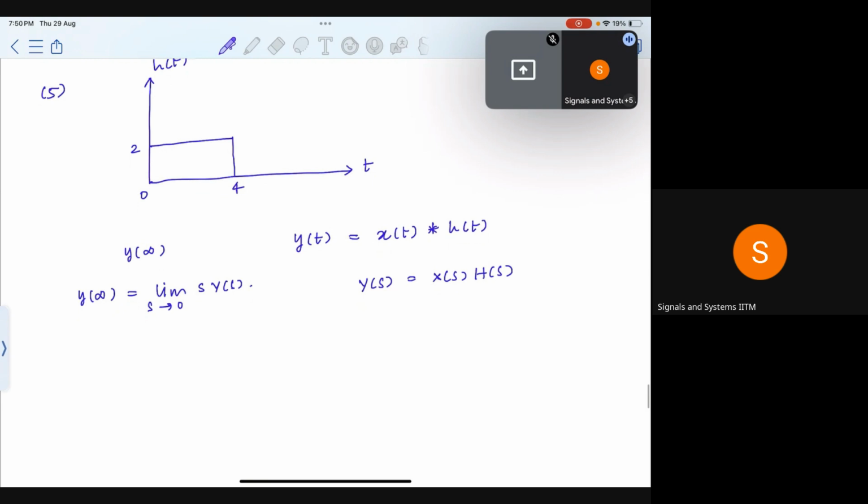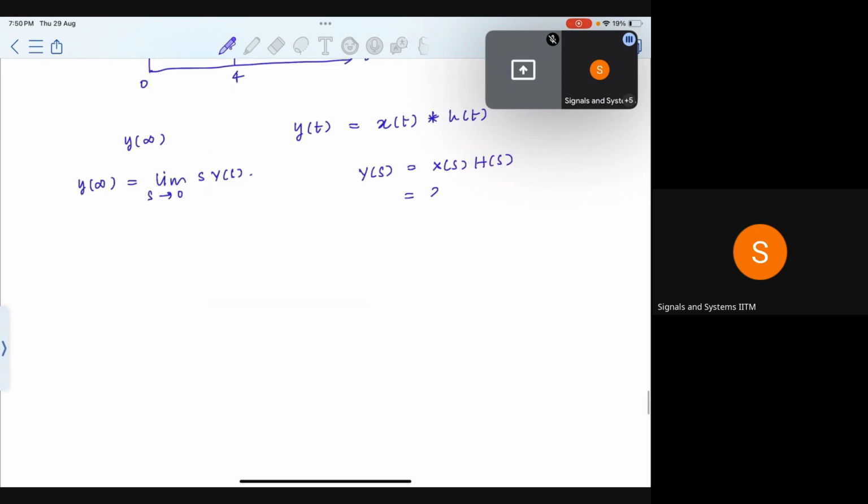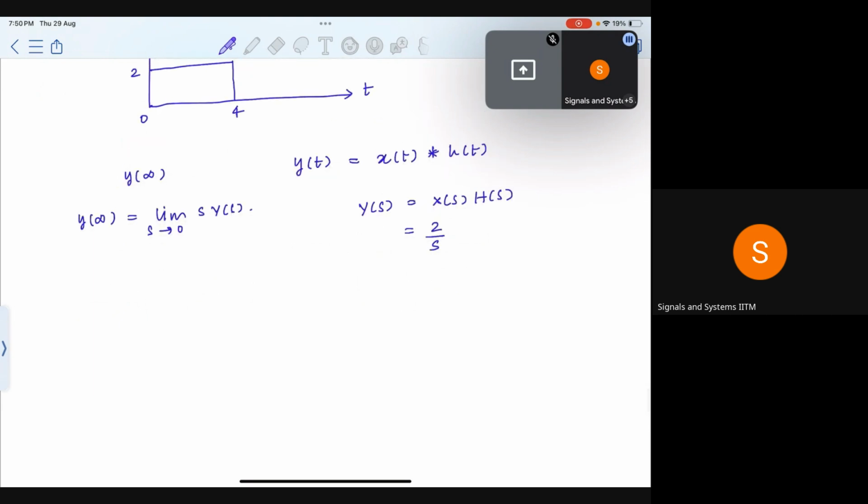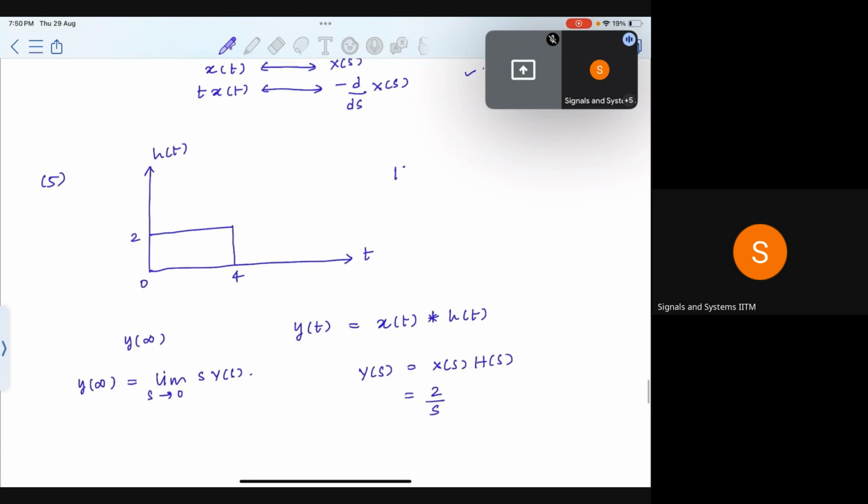What is your x of s? X of s is 2 by s, and what is your h of s? So h of s can be calculated as follows. h of s is the integral from 0 to 4 of 2 times e power minus st dt.